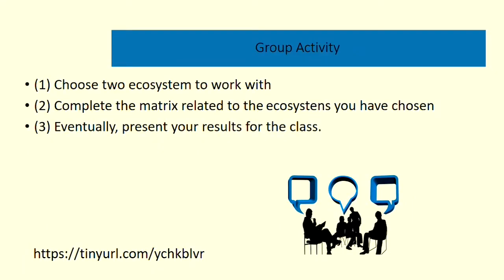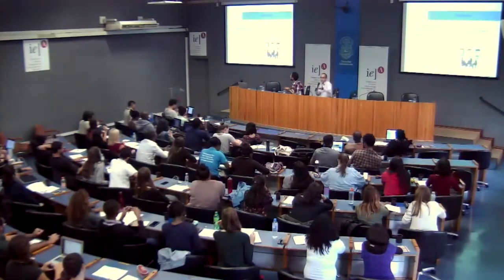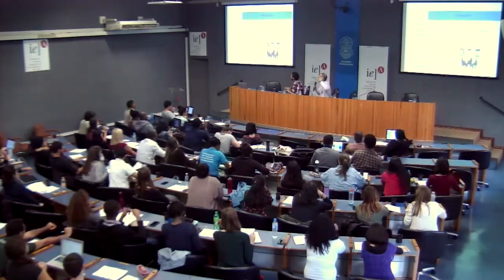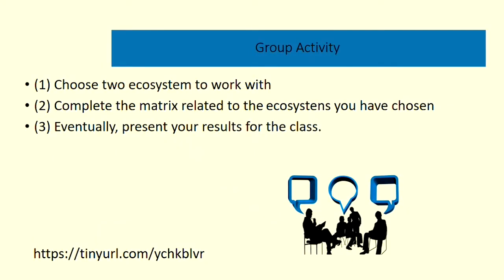So the group activity now will be this. You are not that familiar with those environments, so I just showed you the kind of environment, but let's exercise this idea a little bit. I ask you to choose two ecosystems to work with, any of the ecosystems we have shown you, and try to complete the metrics related to the ecosystems you have chosen.